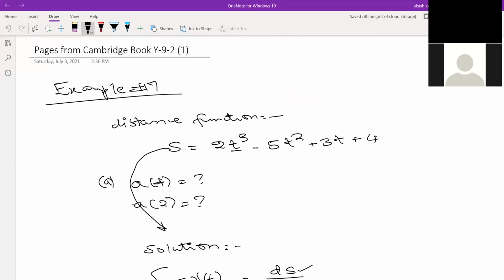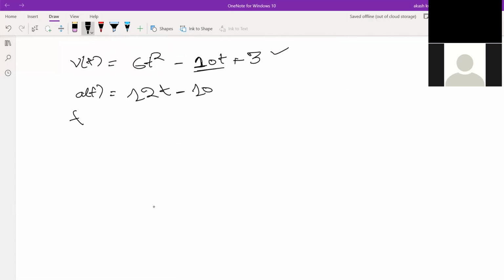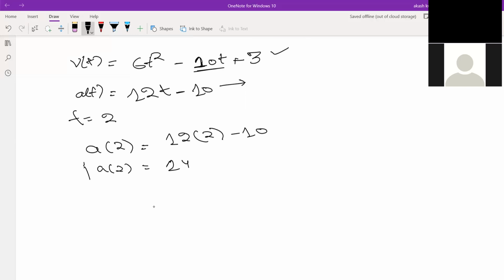Now we have to find the acceleration at t equals 2. We put t equals 2 in the acceleration function. So a of 2 equals 12 times 2 minus 10, which is just 14. And the unit is that of acceleration. Is it clear? Okay, let's check our answer. The distance was given in centimeters in the question, so the unit will be centimeters per second squared.